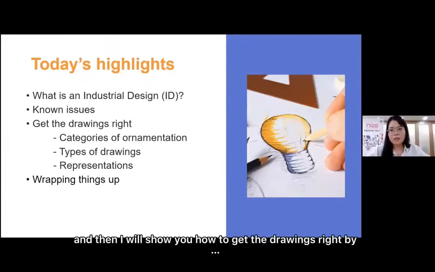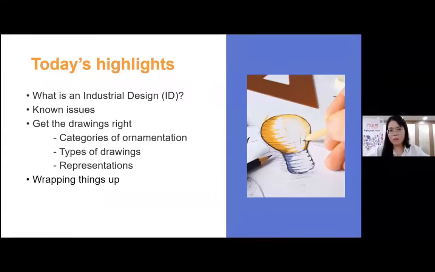Then I will show you how to get the drawings right by showing you the categories or aspects of design that can be protected under the industrial design law, the types of drawings or photographs that you can use for your ID filings, and the representations that you need to be aware of in order to prepare your drawings and photographs.